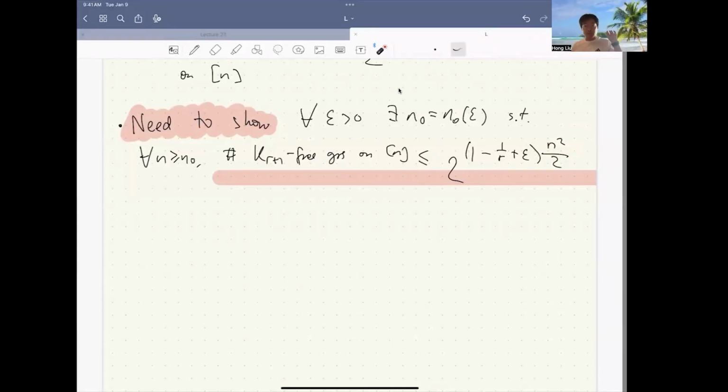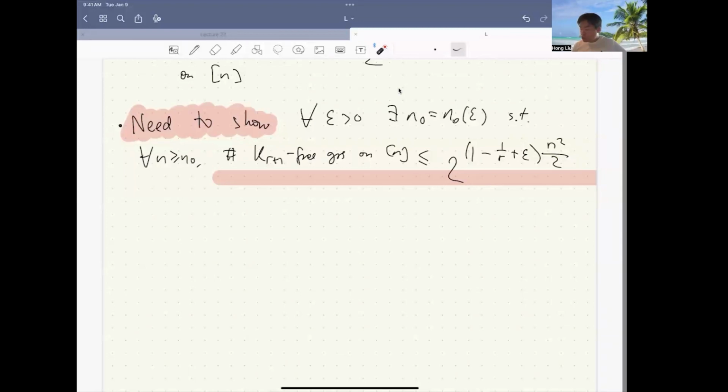We will see later that we will group them into constant many groups, such that in each group, all these labeled K_{r+1}-free graphs are almost contained in one graph, which is itself K_{r+1}-free.